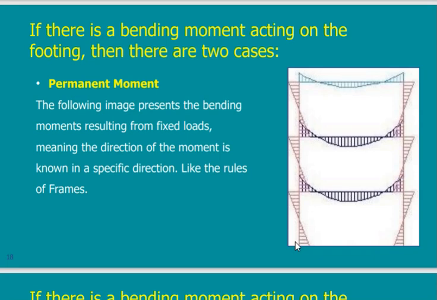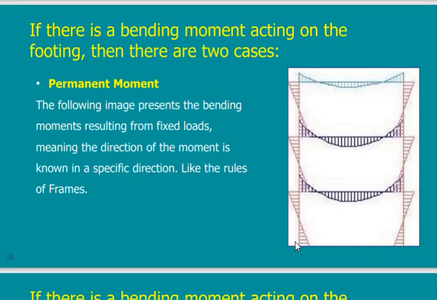So we want to induce moment on the footing, but in the opposite direction of the fixed moment that is already on the footing, so the resultant will be 0. But what will we end up with in this case? I have no moment, but the column is shifted.